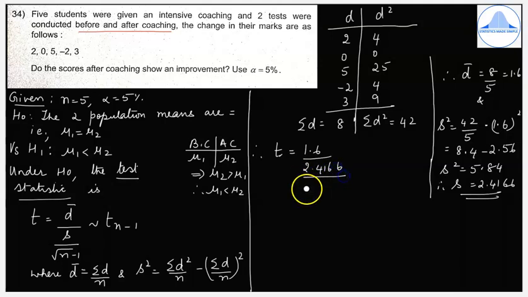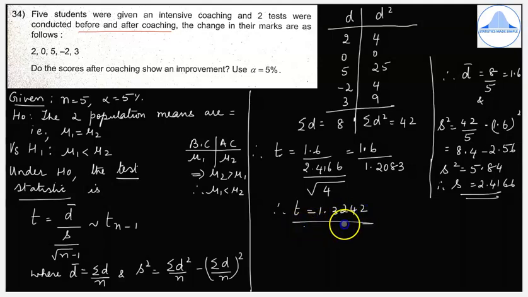So now substitute. T is equal to d bar 1.6 divided by 2.4166 by root of n minus 1, which is 5 minus 1, which is 4. So it is 1.6 divided by 2.4166 divided by 2, which will give us 1.2083. So therefore, you will get T is equal to 1.3242.